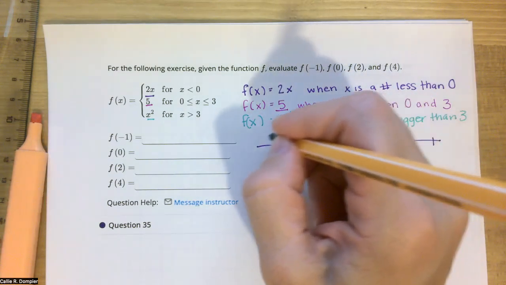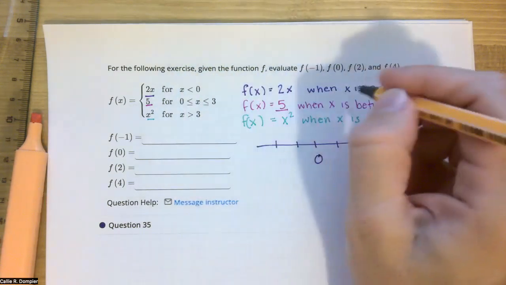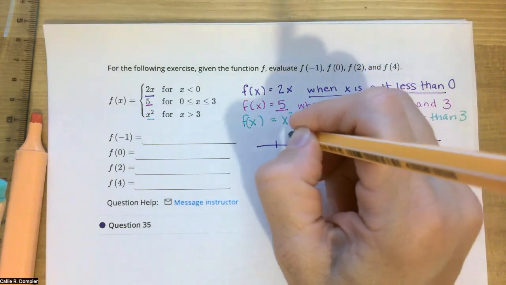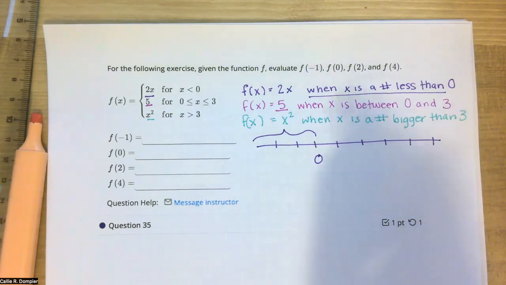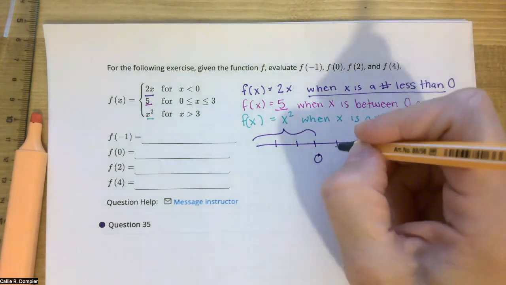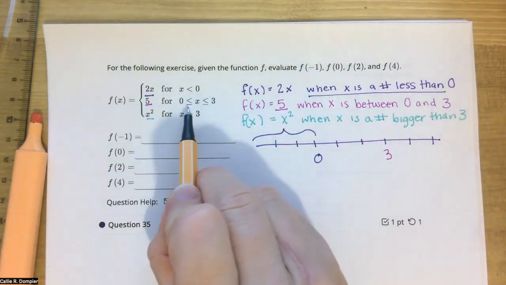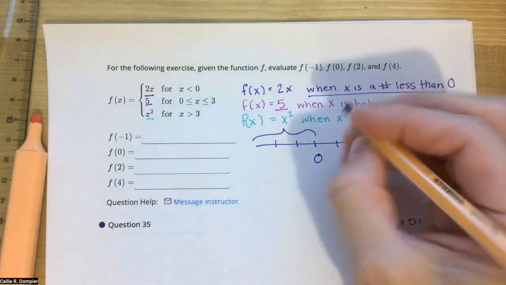If it's less than 0, we're talking about this. All of this is a number less than 0, all right? When x is between 0 and 3, and that's including 0 and 3, right? Because those are the equal signs.